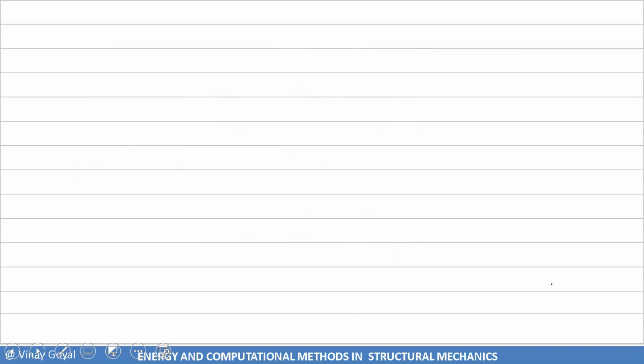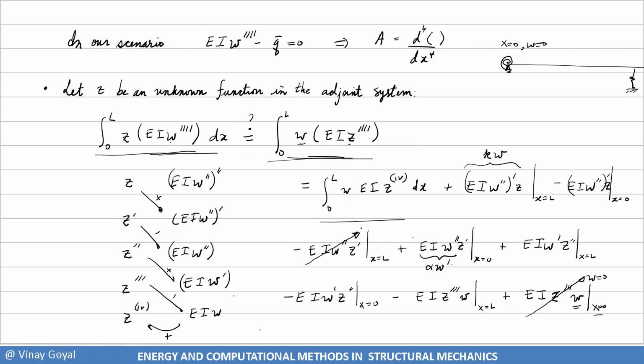So I need to compare now the boundary conditions. System 1 that I started with, and system 2, which is in Z. So this is in W, and this is the adjoint. This is the adjoint. Notice I'm able to make this happen.